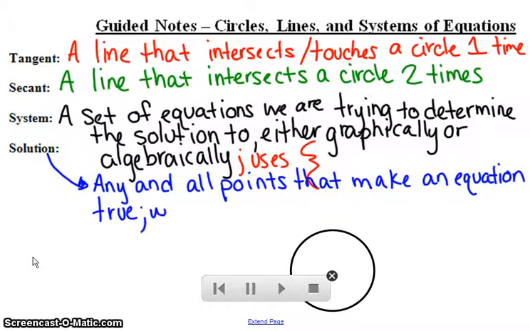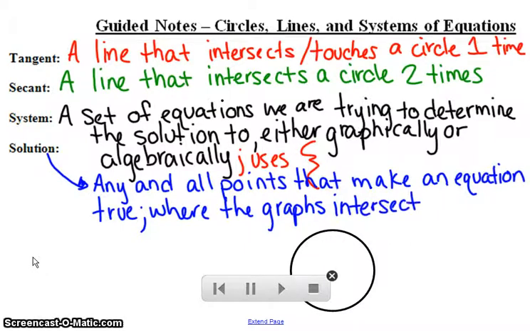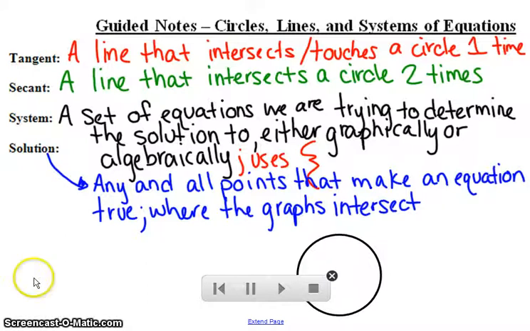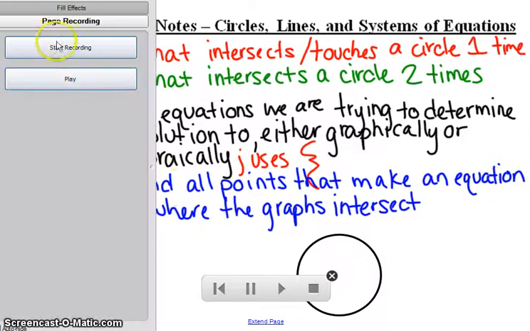In other terms, it's the answer. It's what you want. And generally, it's where they intersect, or when you're doing it algebraically, where you get the numbers. So let me catch up with my writing. Where the graphs intersect. All right. That one is stopped.